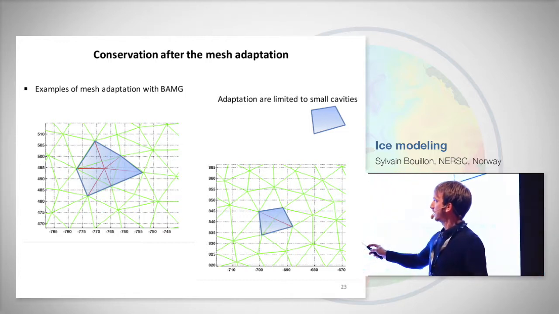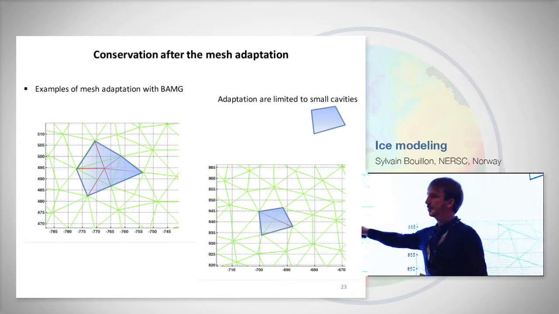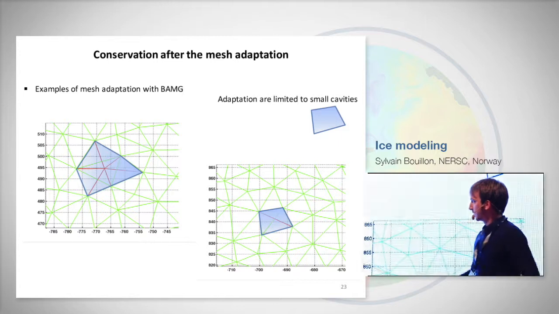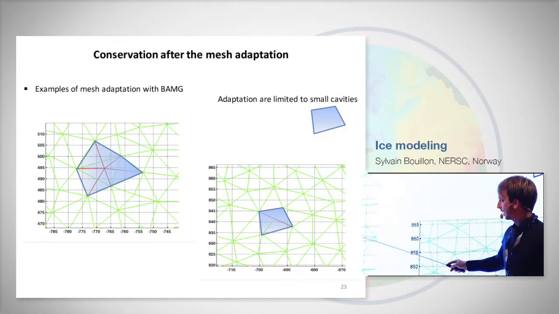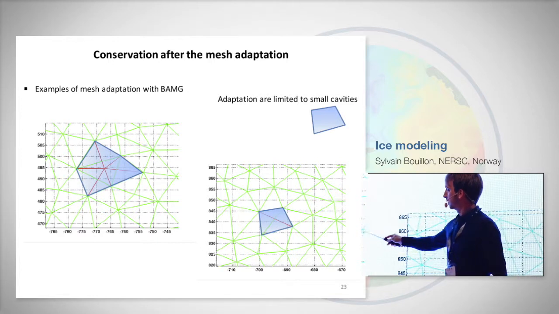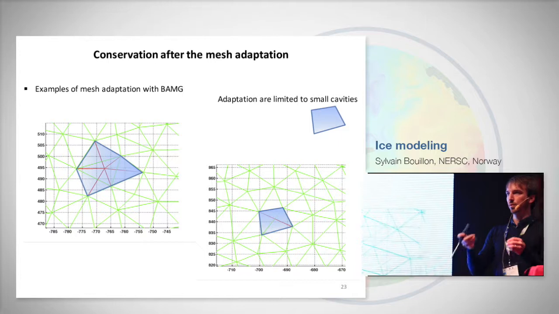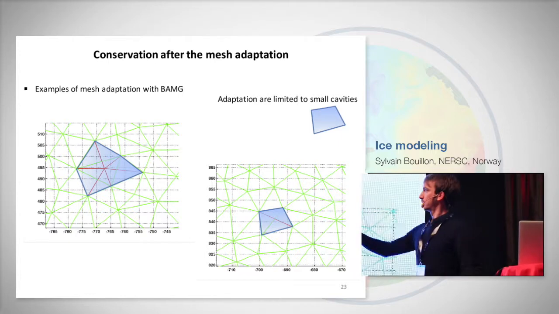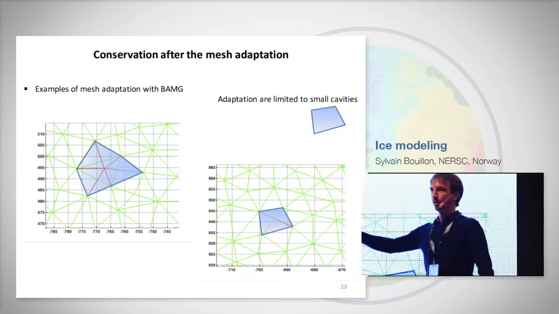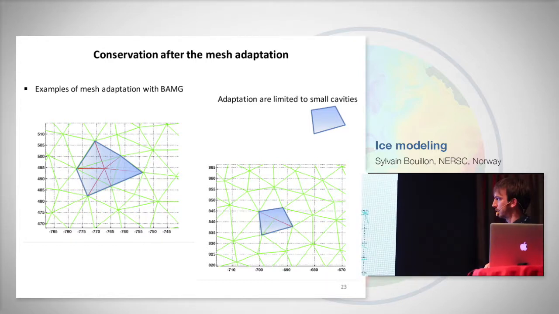For example, here we had the old mesh in green, but it was too deformed, so we had to adapt the mesh, and that was done by forming these new triangles in red. And then we just transfer information from the old mesh to the new one with a conservative mapping that is done in an efficient way.